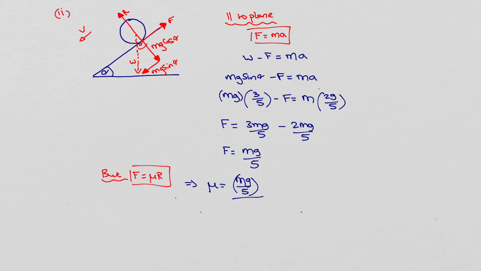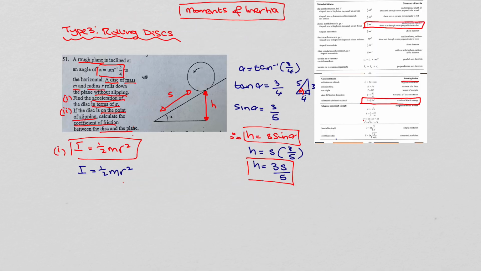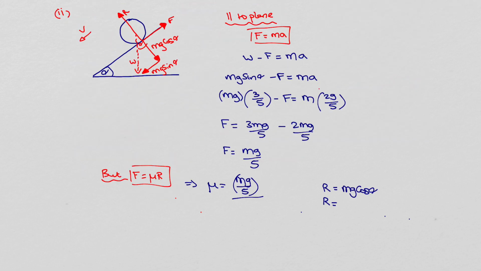And if we look at the diagram there, we can see that the reaction force is equal to the weight in the downward direction, which is mg cos alpha. And cos alpha, if we go back to the start, we can see must be the adjacent over the hypotenuse, which is 4 over 5. So then we end up with 4mg over 5 for R.